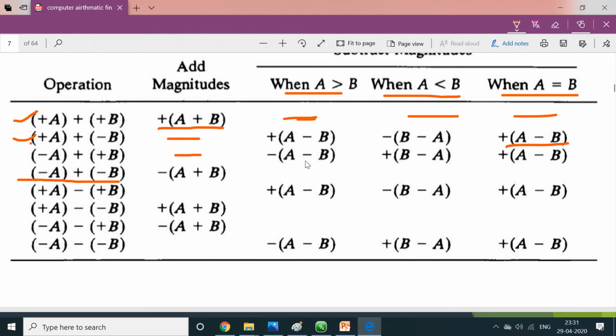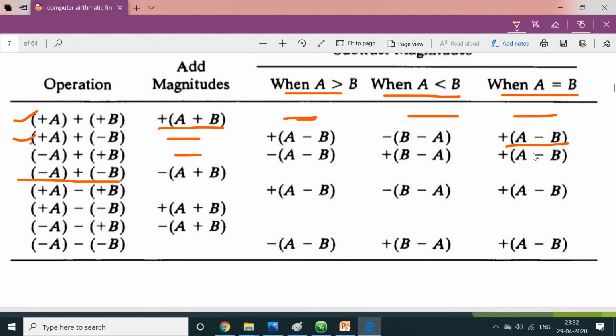Once again, suppose a is greater and b is small, that means a minus b operation, the overall sign is negative. If a is less compared to b, so b is the greater number compared to a, then b minus a, subtraction operation, the overall result, indicated as the sign representation, is positive.